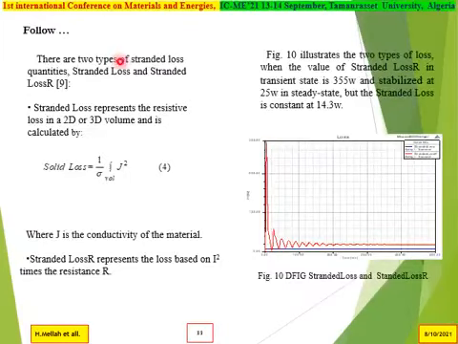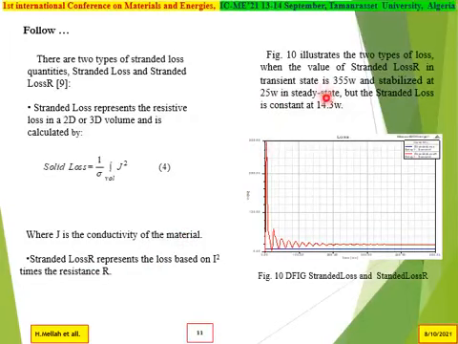In this slide, we represent two different losses. There are two types of solid losses quantities: solid losses and solid losses R. The solid losses represent the resistive losses in the 2D and 3D volume and are calculated by this equation, where J is the current density and sigma the conductivity of the material. Solid losses R represent the losses based on the current times the resistance.